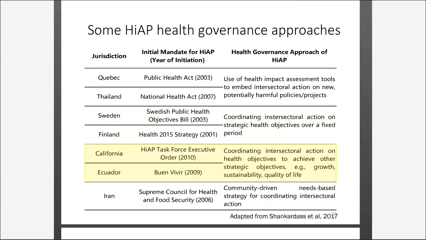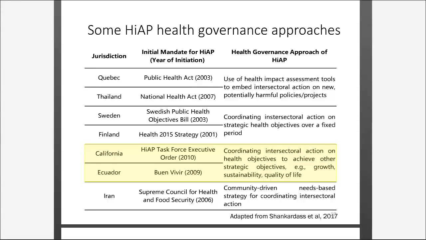And so in Sweden and Finland, they both have strategies that they're using to guide where that intersectoral action happens. In California and Ecuador, they do a similar sort of thing to do health in all policies, but they're coordinating intersectoral action for some other purpose. It's not a health objective at the end of the day. They are trying to coordinate intersectoral action on health objectives, but it's to achieve something else that the government has identified as a long-term strategic objective.